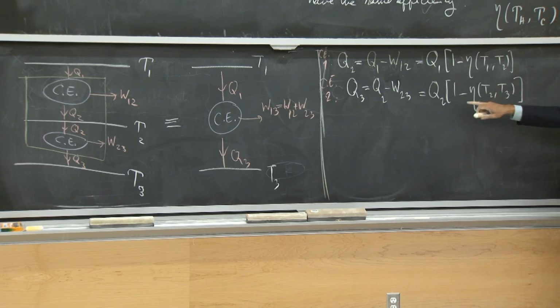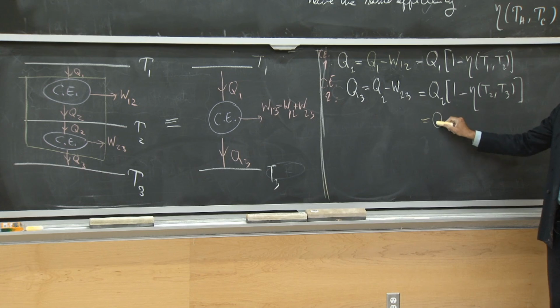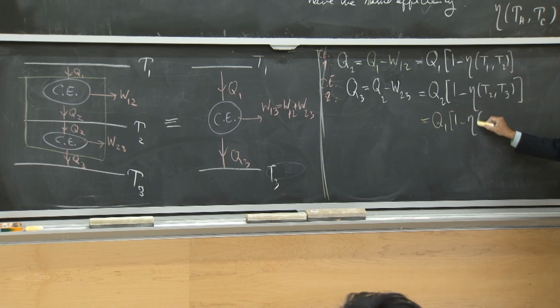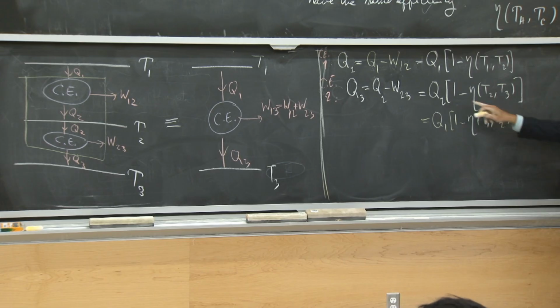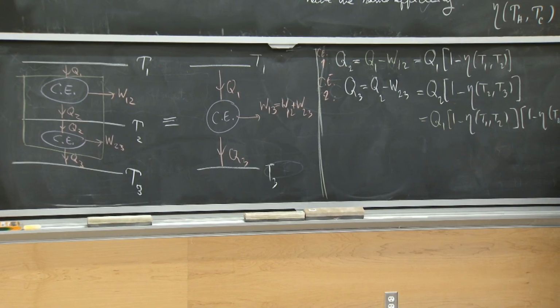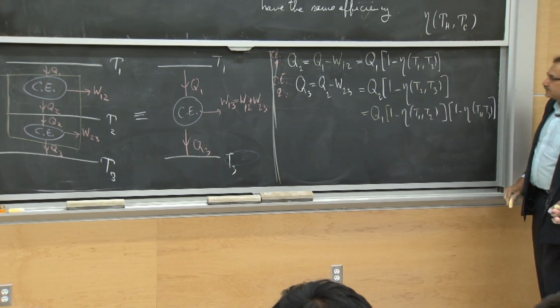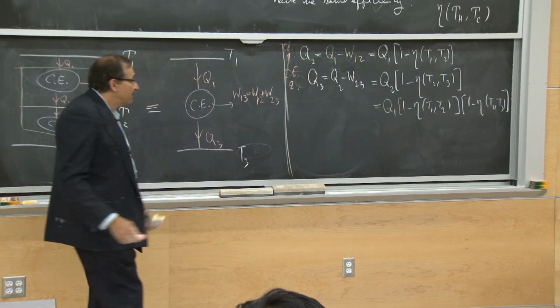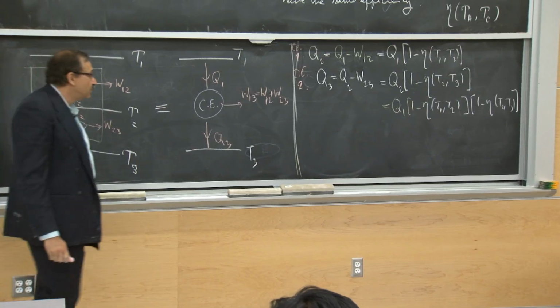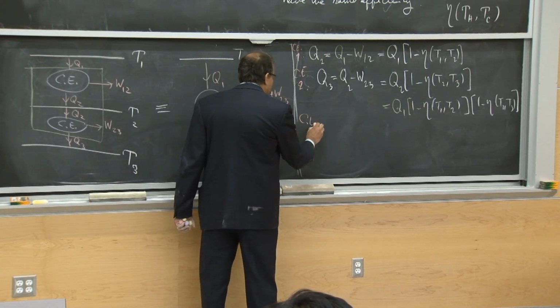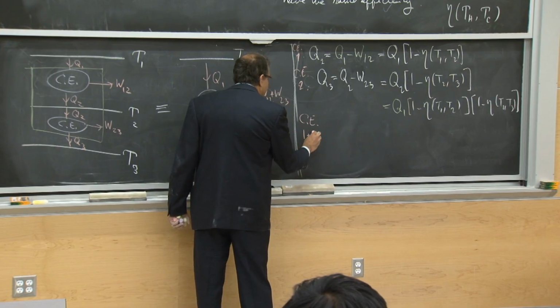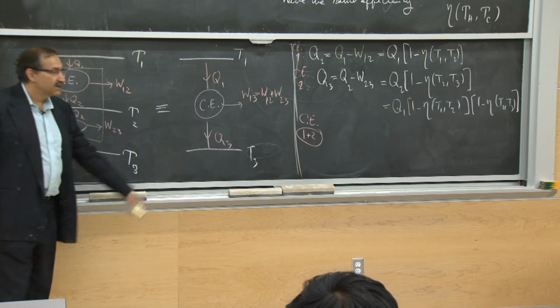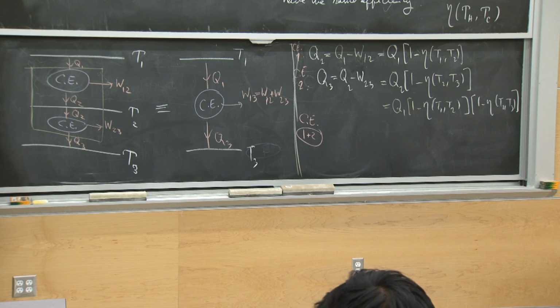And if I substitute for Q2 from the first equation, what do I get? I will get Q2 being Q1, 1 minus efficiency T1, T2, multiplying by the second bracket, that is 1 minus efficiency T2, T3. But I can also look at the composite Carnot engine, that is the sum total of them, represented by the diagram on the right.